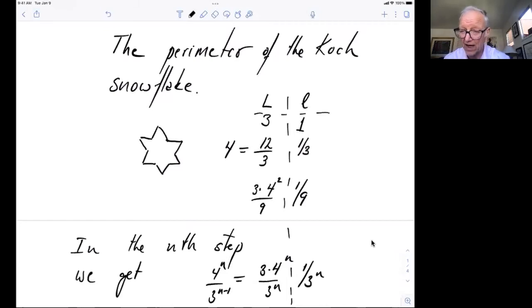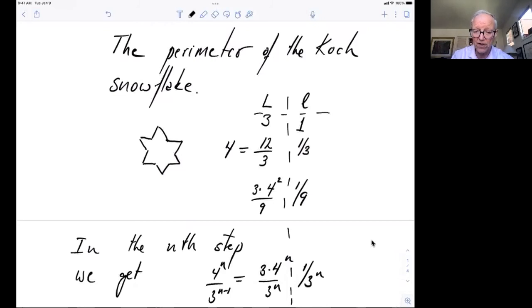Now, in the next step, I'm going to have segments of length 1/9, because every time that we make a cut and a corner, we shorten the line segments by a factor of 3. So next time, we're going to get 4 squared, because each segment gets turned into 4. So we have 4 squared times 3 divided by 9.